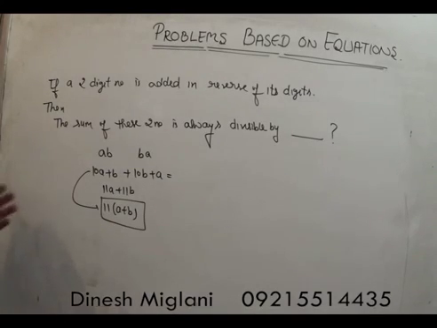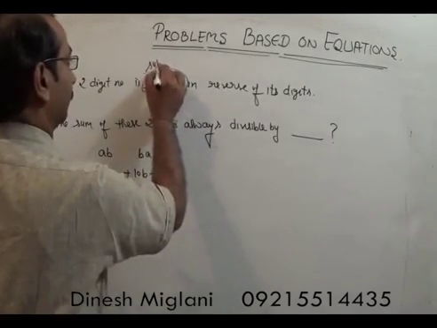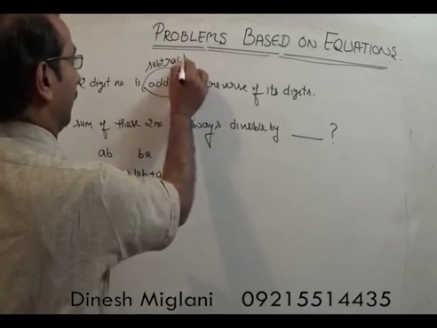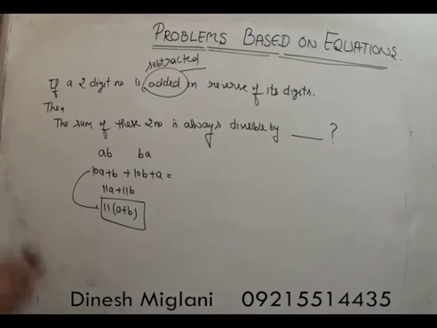Similarly, the question may be, if a two-digit number is subtracted in place of added, then their difference is always divisible by what? Now you have to subtract and find out what value we get.